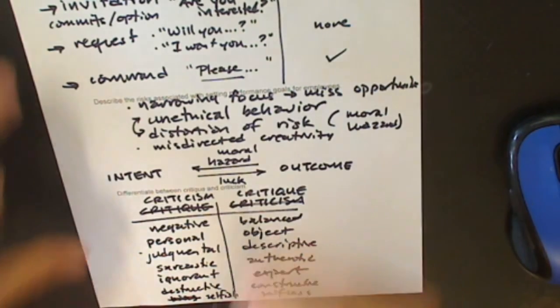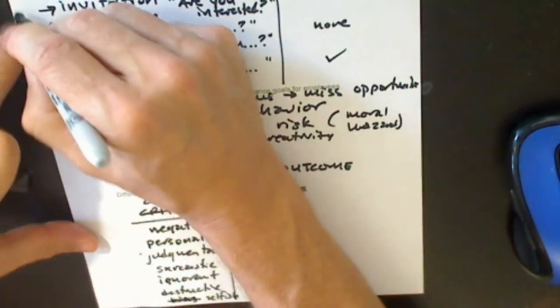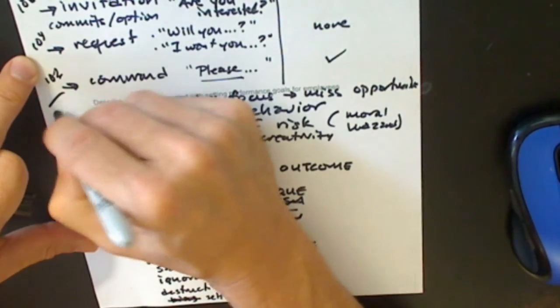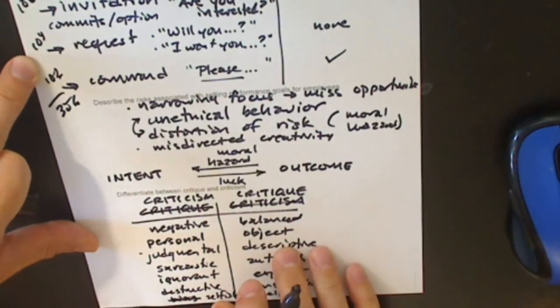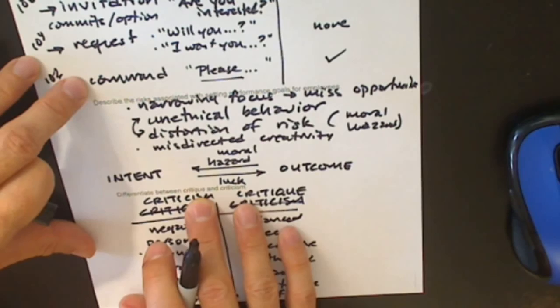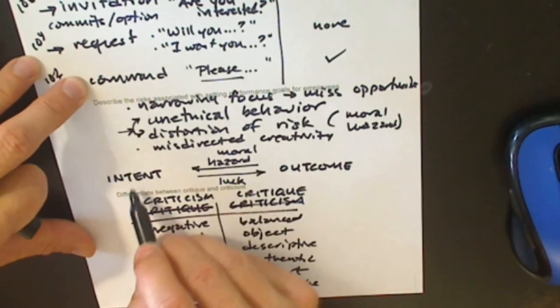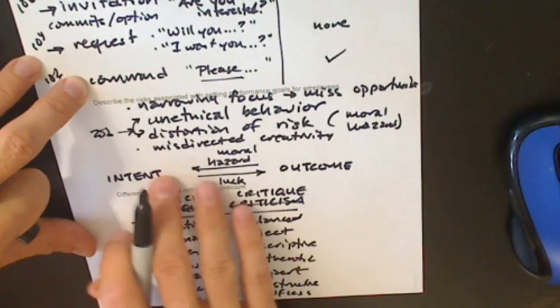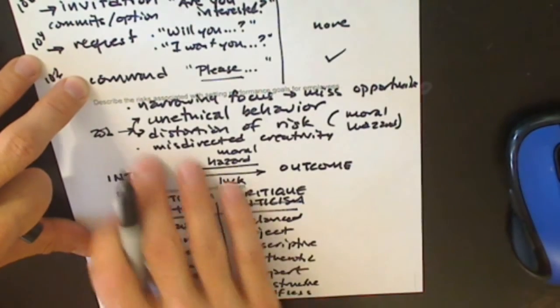So up at the top, we're going to say invite, request, command, 10%, 10%, 10% is 30 overall. Describe the risks associated with setting performance goals for employees. It's really important to get the unethical behavior or distortion of risk. So that by itself is worth 20%.